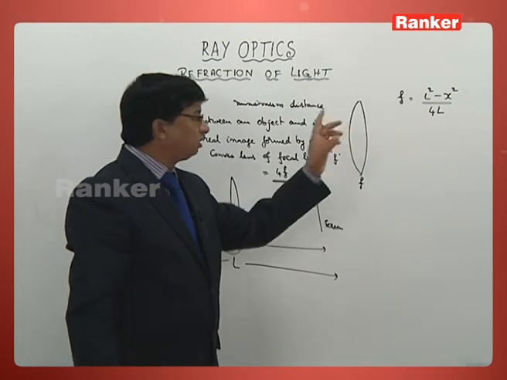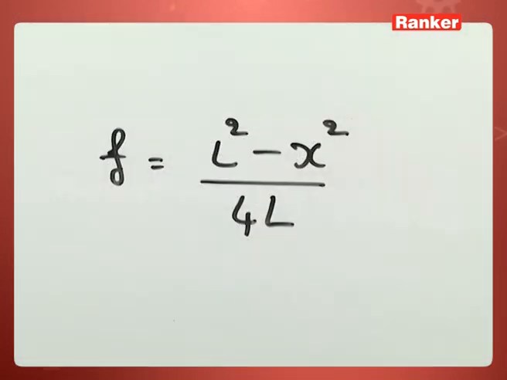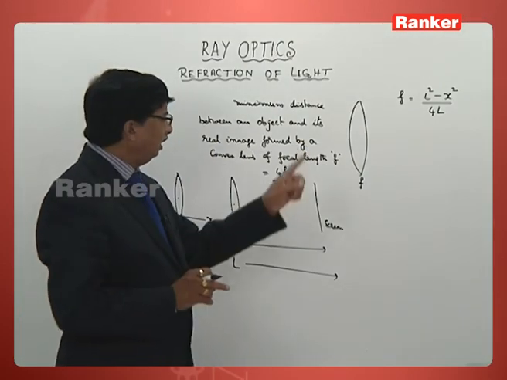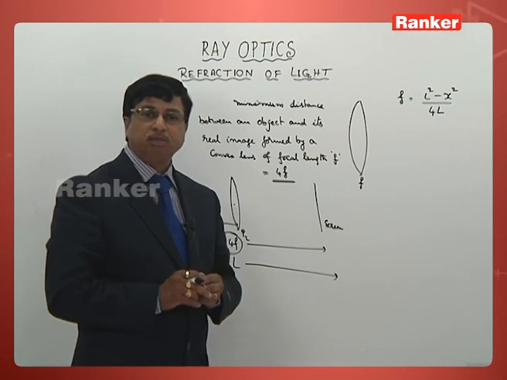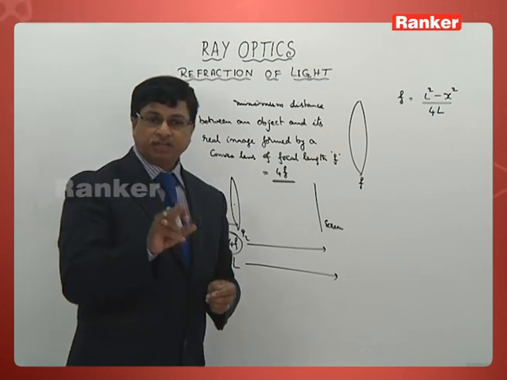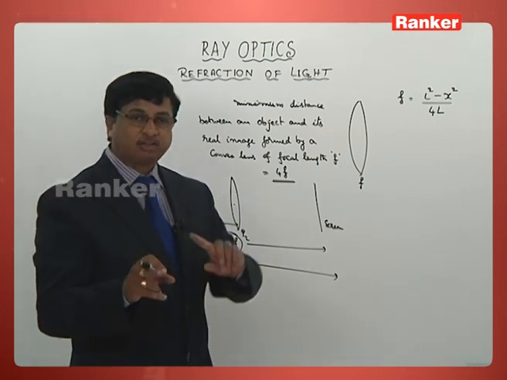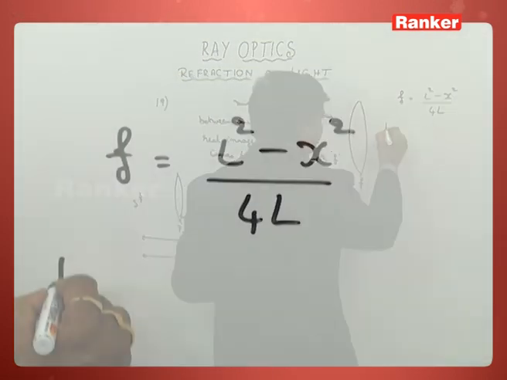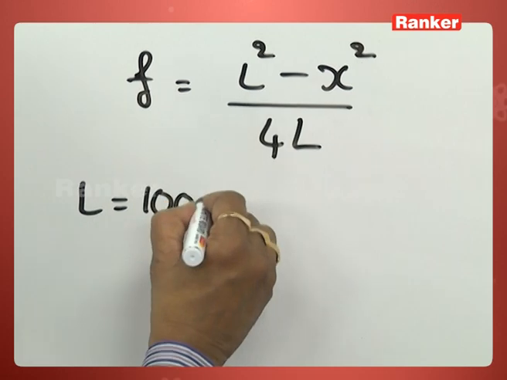What is the formula that can be used there? L square minus x square by 4L. This particular problem is exactly based on the same method. Distance between an object and a screen is 100 centimeter. So he has given you the value of L as 100 centimeter.